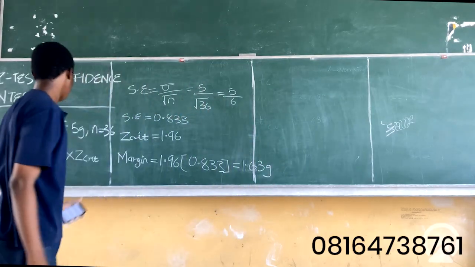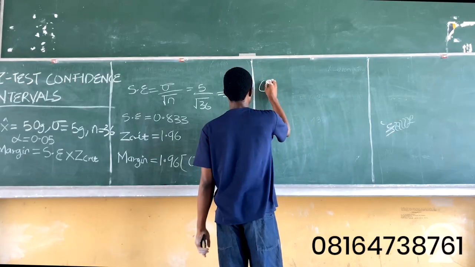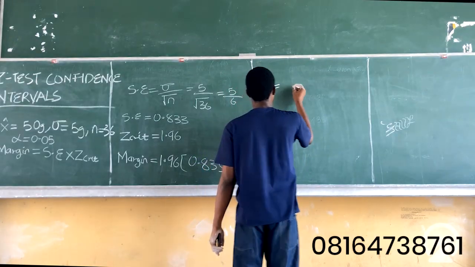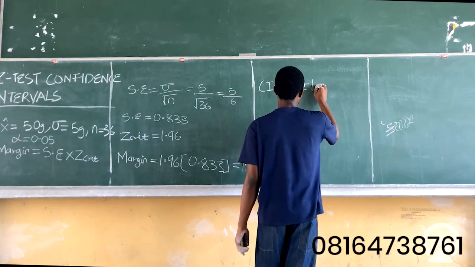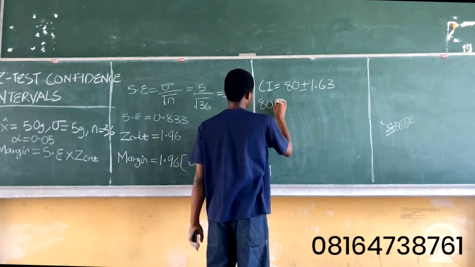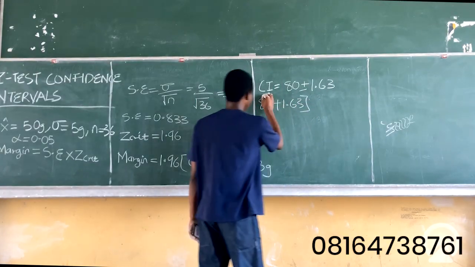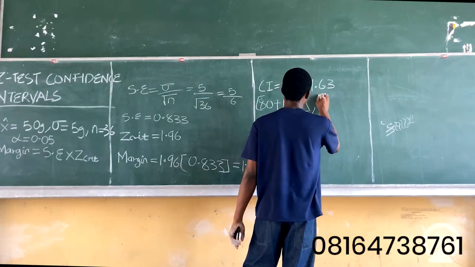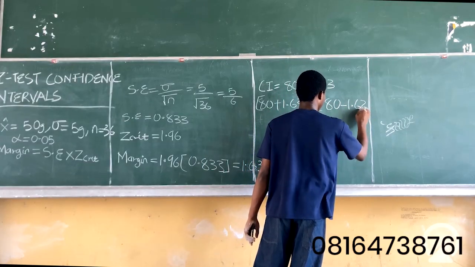So we can recall that our confidence interval, which is CI, is equal to 80 plus or minus 1.63. So 80 plus 1.63 is one end of the range we are looking at, and also 80 minus 1.63.